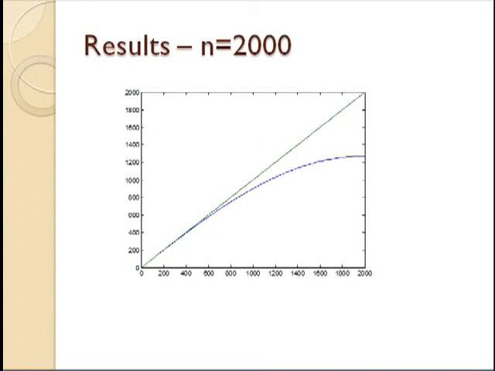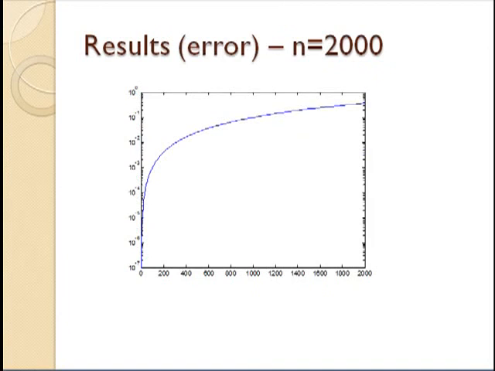If we increase the number of mesh points, we should expect more accuracy. So this now represents a plot of 2,000 eigenvalues, the analytical ones here on the straight line, and then the numerical ones here on the blue line. You can see again this trend that the accuracy is best for the lower eigenvalues and not good at all for the higher eigenvalues. We'll look at the relative error again.